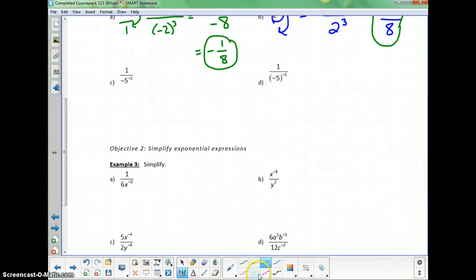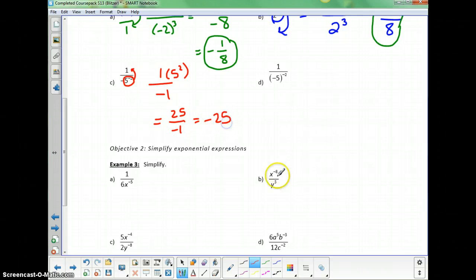Alright, so what's going to happen in the next two here? This negative power is going to take the 5 and move it. So it's going to be 1 times 5 squared over negative 1. Or 1 times 5 squared is 25 over negative 1 is negative 25.